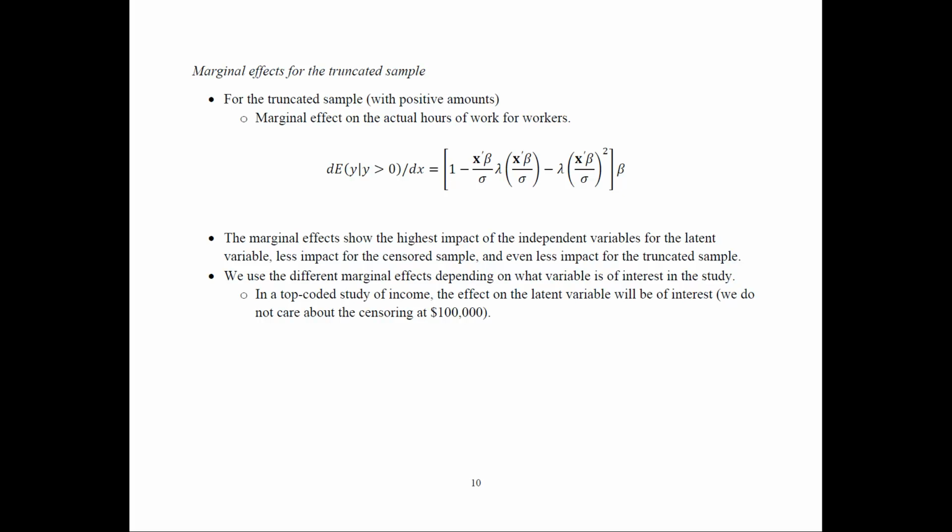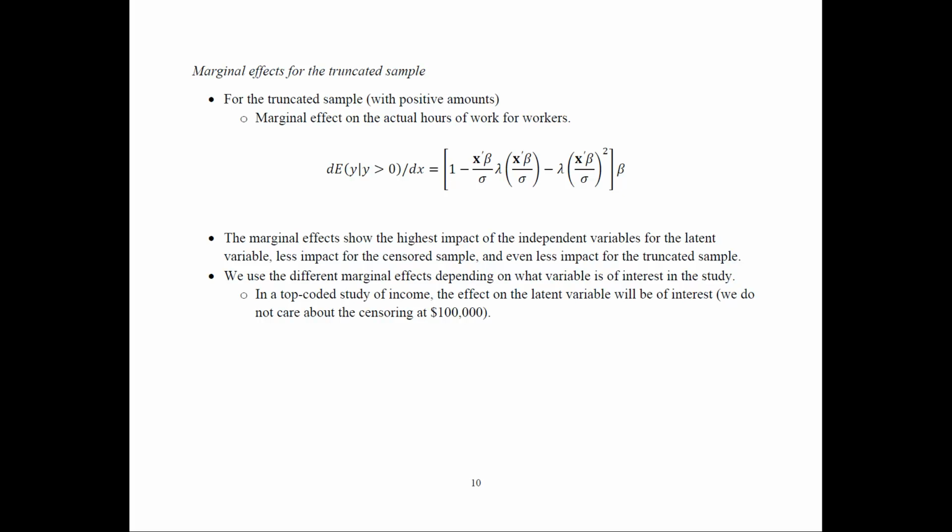So we would use different marginal effects depending on what variable is of interest in the study. For example, if we have a top-coded study of income, the effect on the latent variable will be of interest, and so we don't care about the censoring at 100,000.